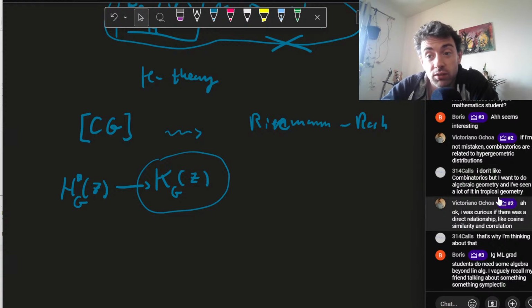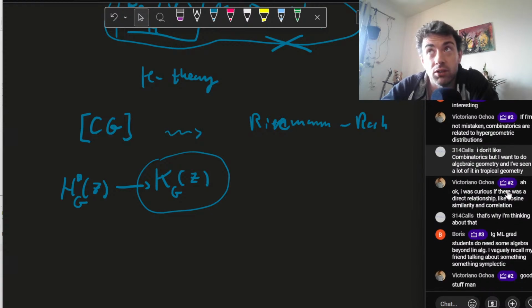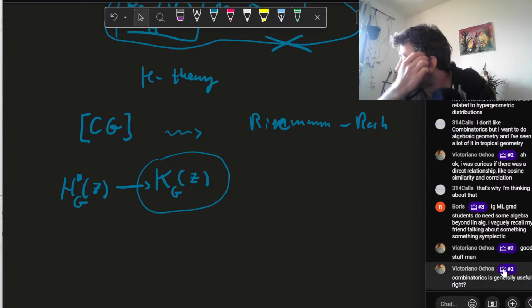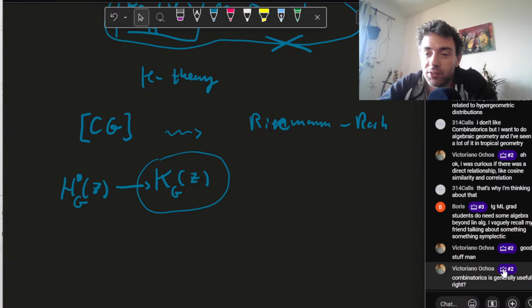So if you've seen a lot of it in tropical geometry and you don't like combinatorics, then just steer away from tropical geometry. Don't do that kind of algebraic geometry. I don't think in this case there's a direct relationship, although I'm sure there is maybe some relationship out there. But yes, I would say combinatorics is generally useful. It's probably more directly applied than my research, I would say.